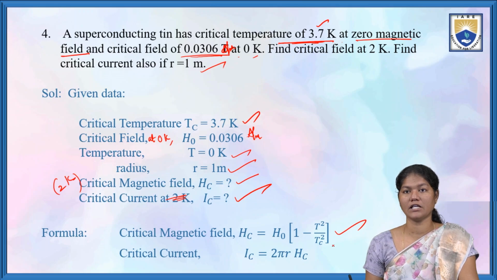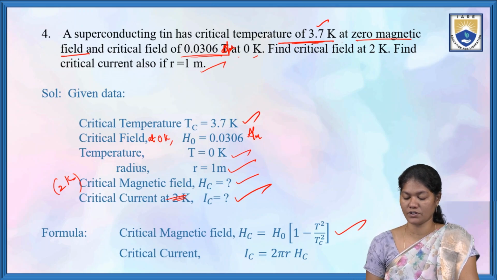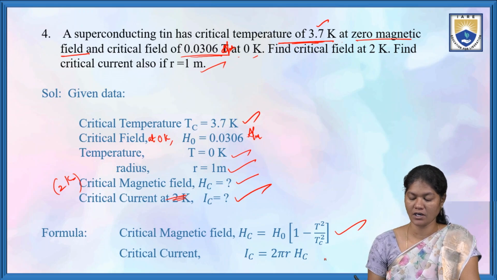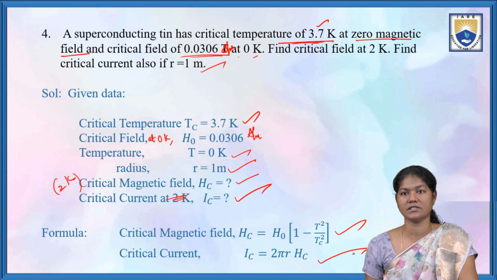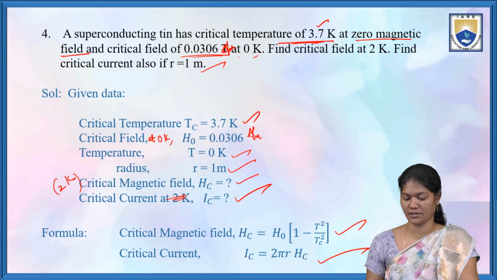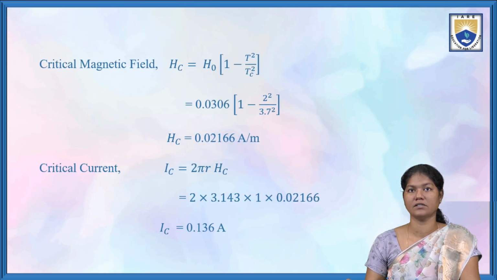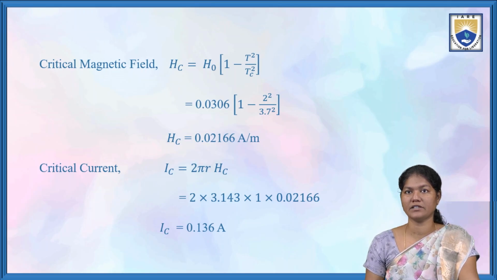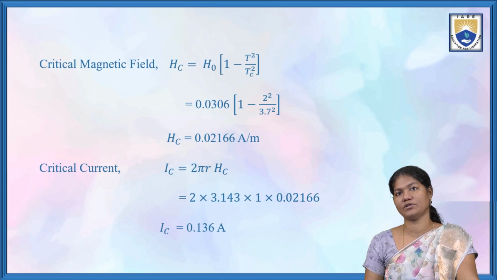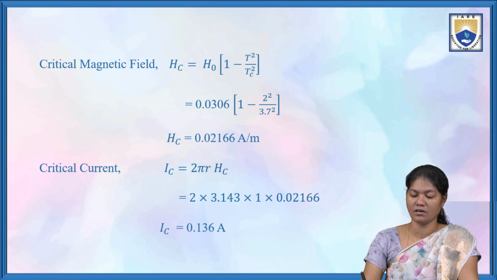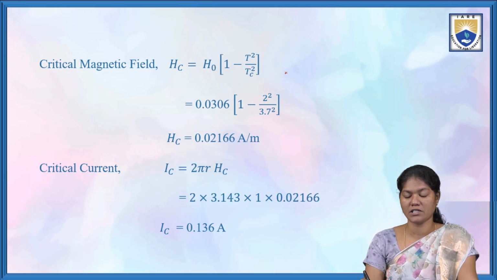Formula: critical magnetic field Hc is equal to H naught into 1 minus T square by Tc square. For critical current, Ic is equal to 2 pi R Hc. So Hc is equal to H naught, the magnetic field at 0 degree Kelvin, into 1 minus T square by Tc square.